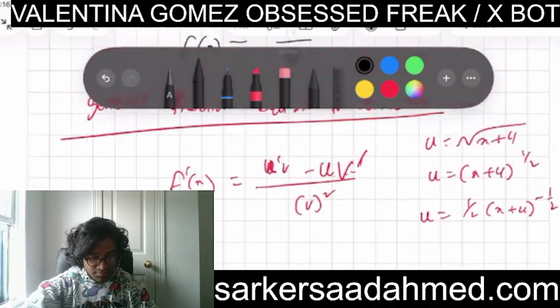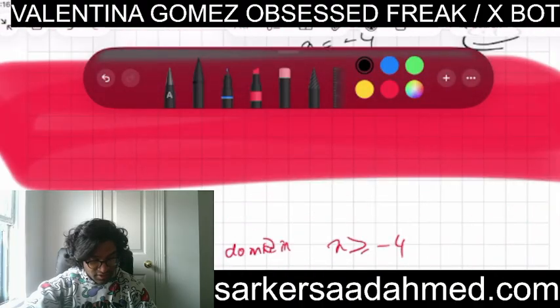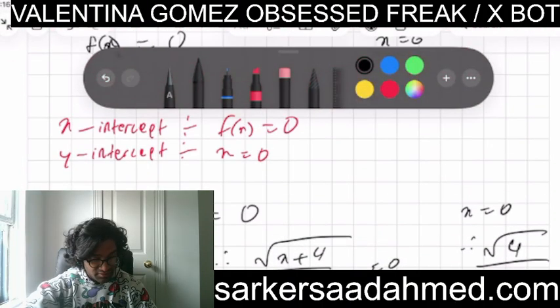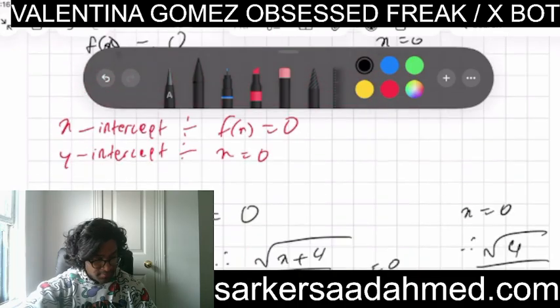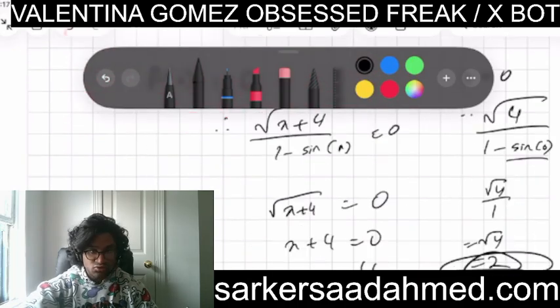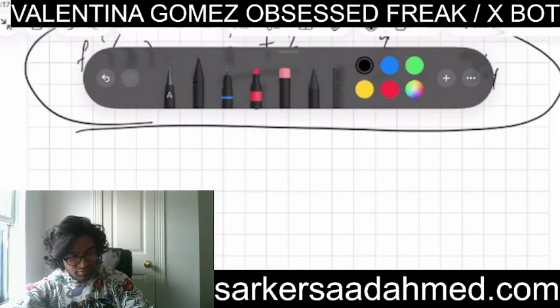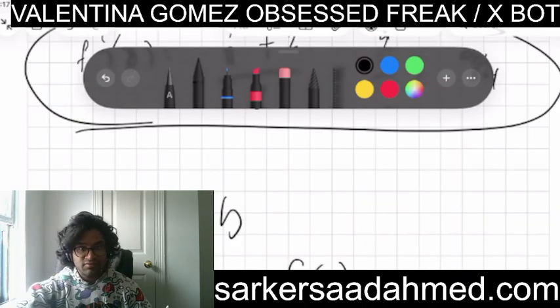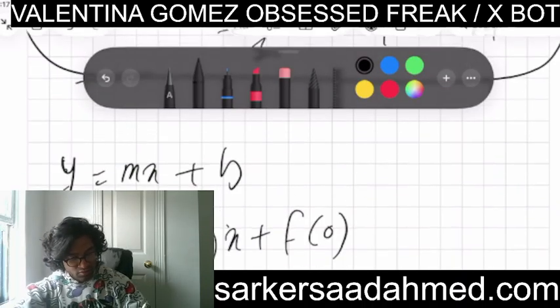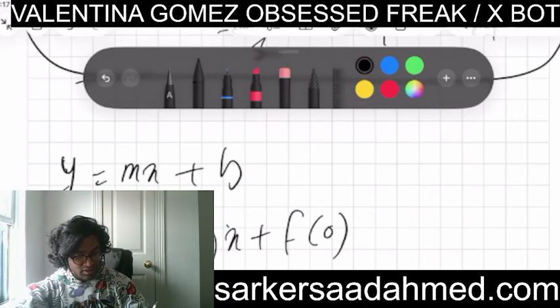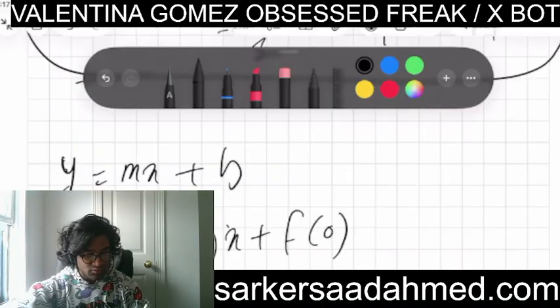Now f of 0, remember, we got f of 0. Where is it? f of 0 is 2. So y is written in the format of mx plus b, or y is equal to f prime of 0 x plus f of 0, where y is equal to 9 by 4 x plus 2.